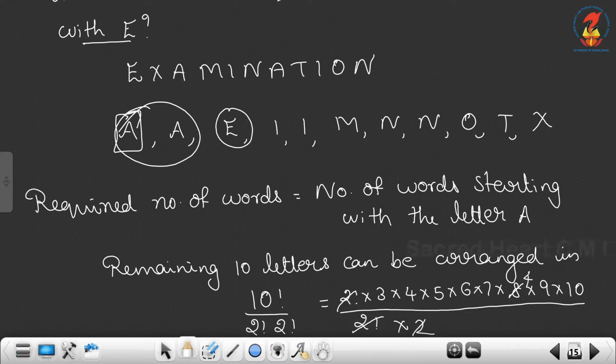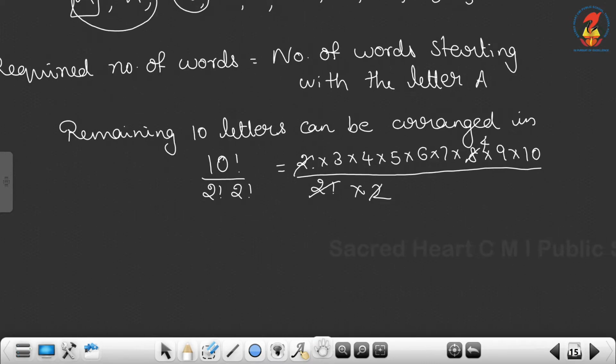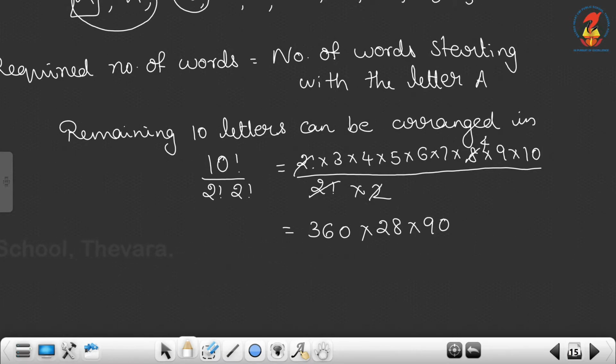Okay, 4. Now you multiply. 3 into 4 is 12, 12 fives are 60, 60 into 6 is 360. Then 7 into 8 is 56, which is 28 after cancelling, into 9.